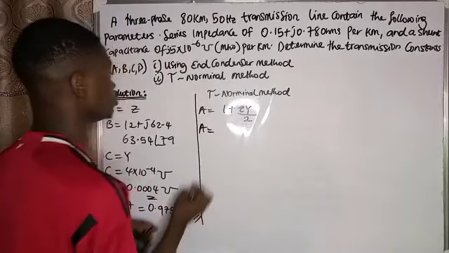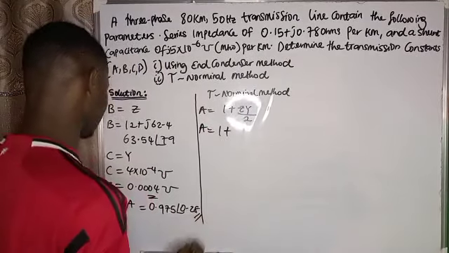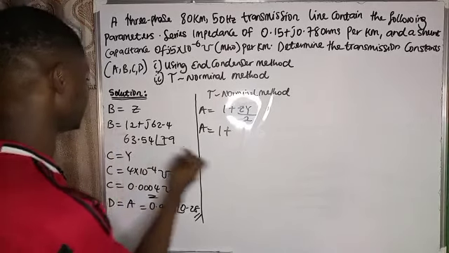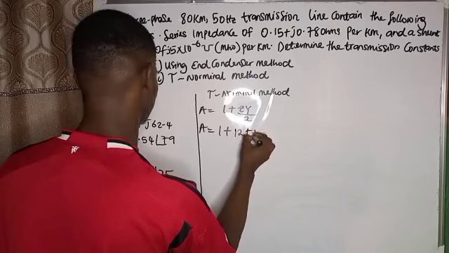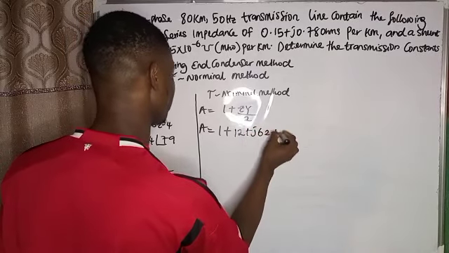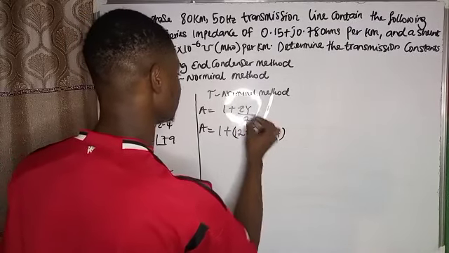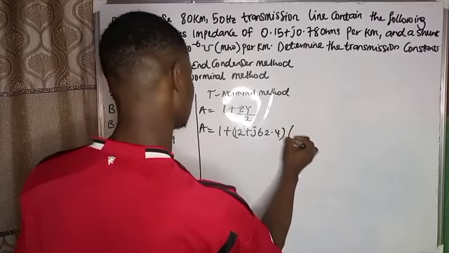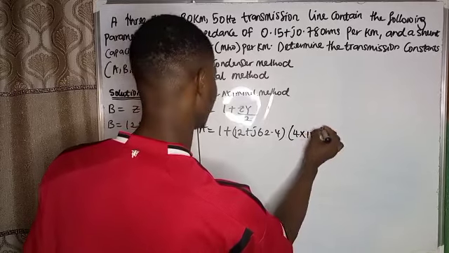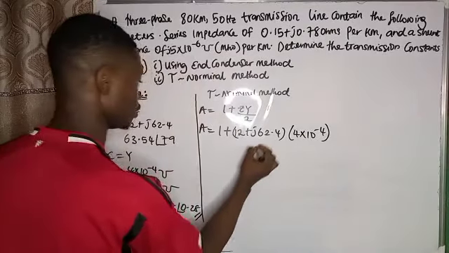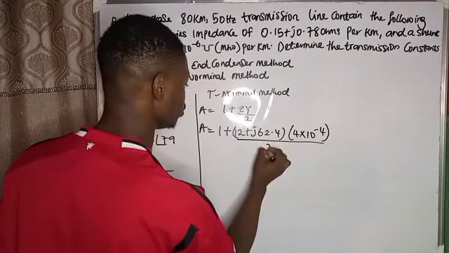So our A is equals to 1 plus, what is our Z? Our Z is 12 plus J 62.4 times, what is our Y? Our Y is 4 times 10 raised to power minus 4 all over 2.